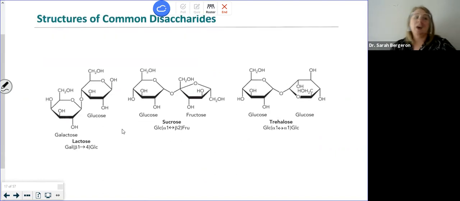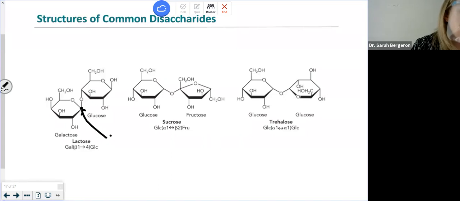So let's look at our common disaccharides. Here's lactose. The way that we name a glycosidic bond is, number one, find your anomeric carbon. Where on this first sugar is my anomeric carbon? Right here, okay, this is my anomeric. How do I know it's anomeric? It's participating in how many bonds to oxygen? Two. Okay, that's how I know it's anomeric.